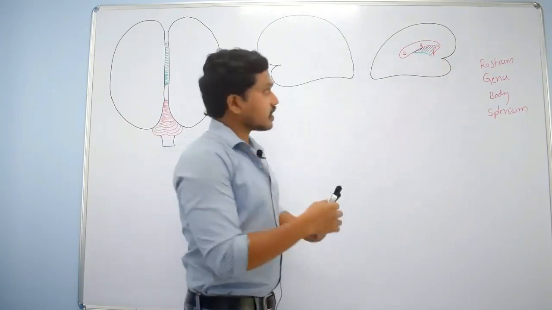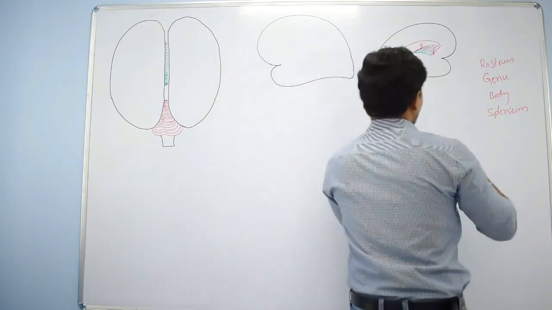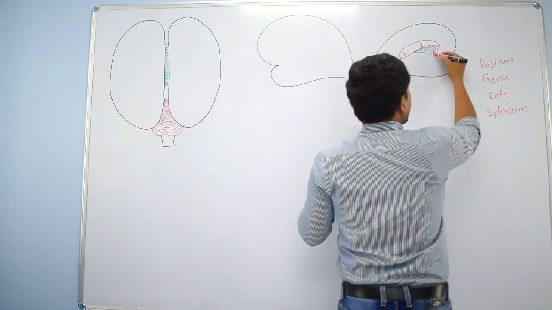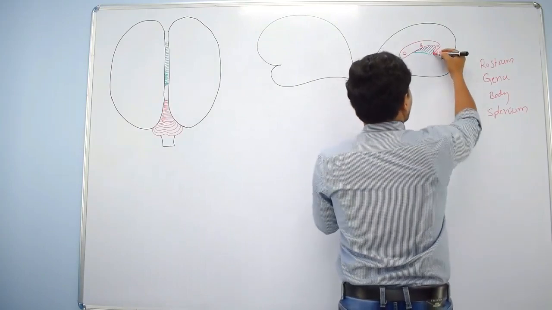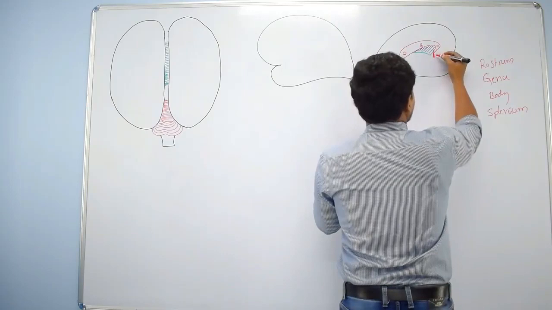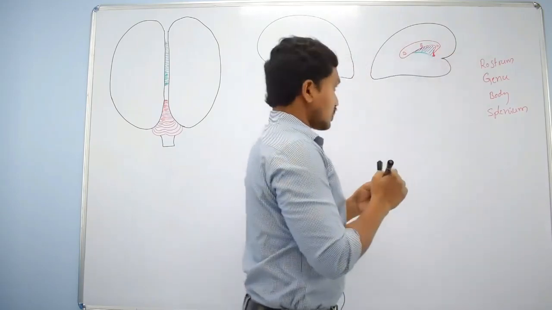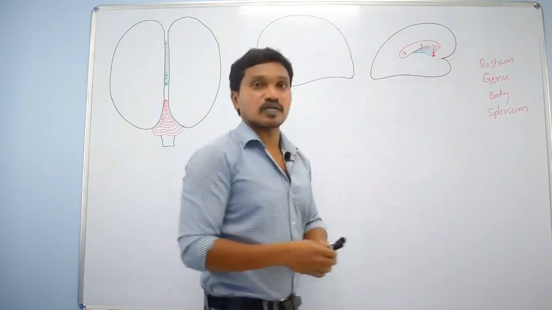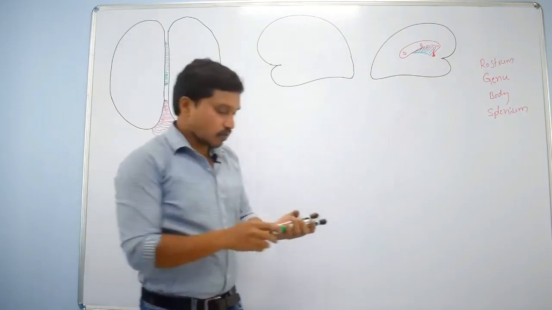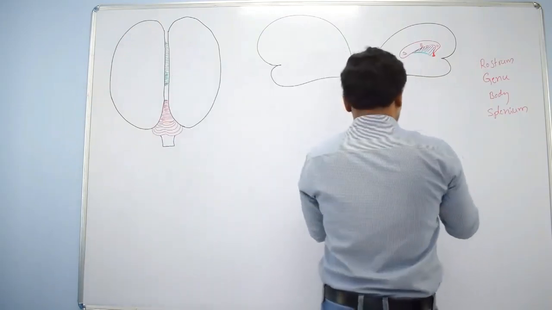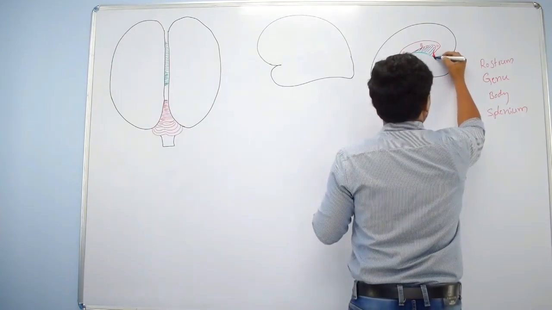Then in the anterior part, just below the rostrum, it will be connected with the anterior commissure. Then from the anterior commissure there is one lamina. That lamina we call the lamina terminalis.